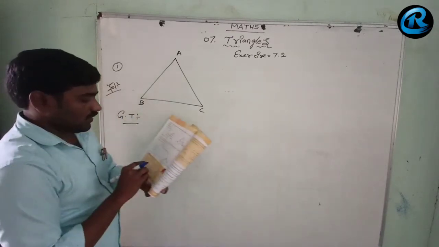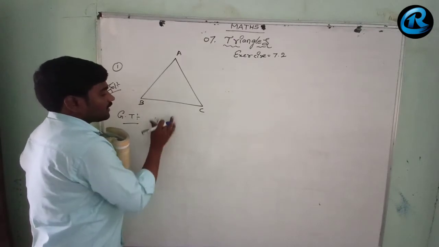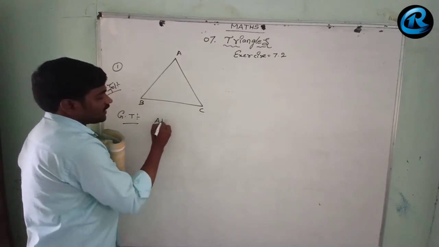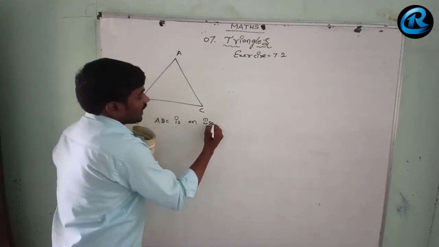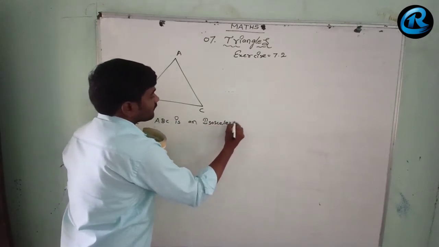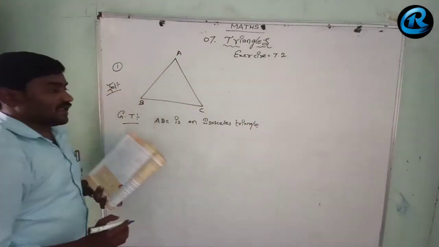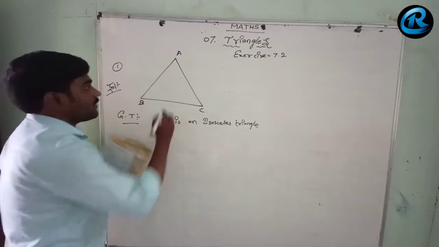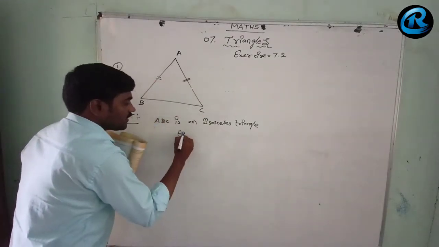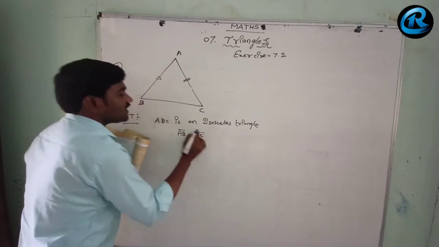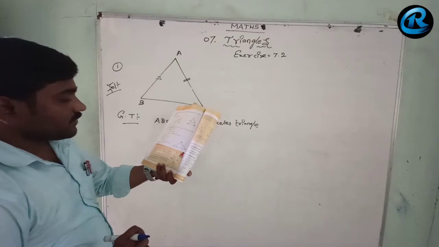Given that ABC is an isosceles triangle where AB is equal to AC. If it is an isosceles triangle, two sides will be equal, no? Such that AB equal to AC.